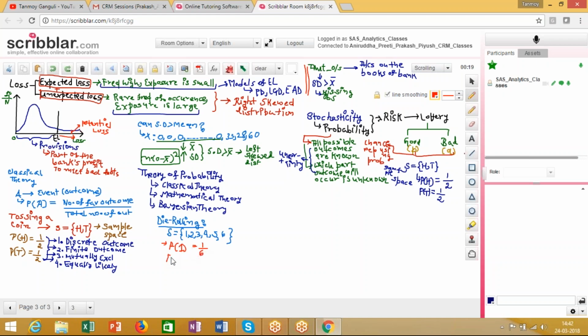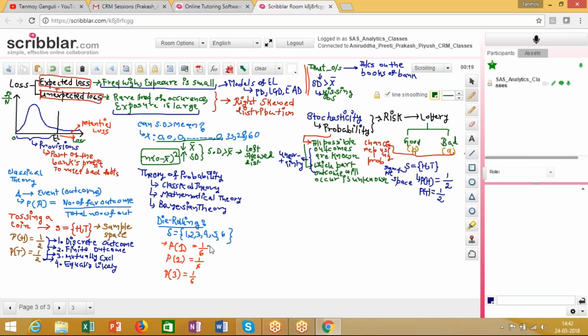Similarly, if I want to find out the probability of 2, that probability is 1 by 6. Similarly, the probability of 3 is again 1 by 6. So this is the way this entire thing would happen.